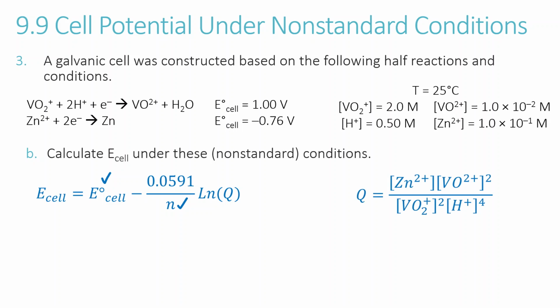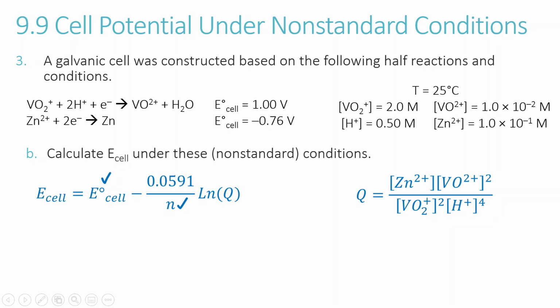So to calculate Q here, we have Zn plus 2 and VO2 plus squared, so that's our products. And then on bottom, we have our reactants. Now, if we look at our concentrations, we are taking a couple of these below the 1 molar, and we're taking a couple of these above 1 molar.